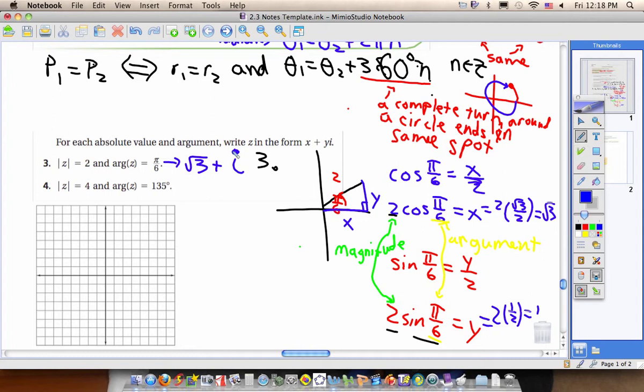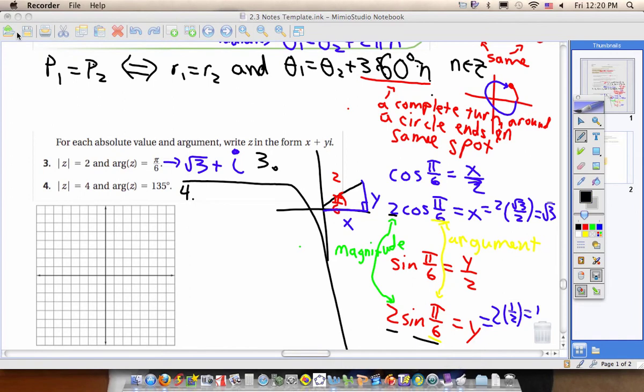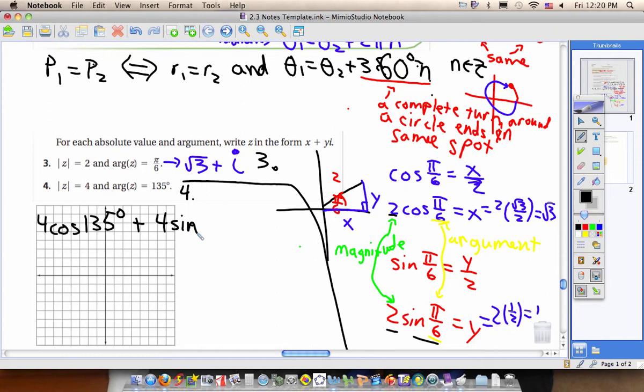The great thing is we can use that pattern each time. So convert 4 cis 135 degrees to rectangular form. Okay, so again, we can make our triangle and do like we did before, where we know that our magnitude times cosine of our angle would give us the x coordinate.